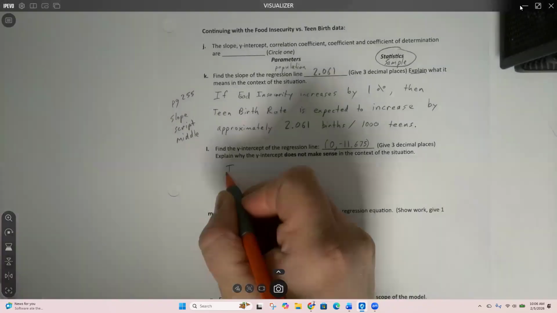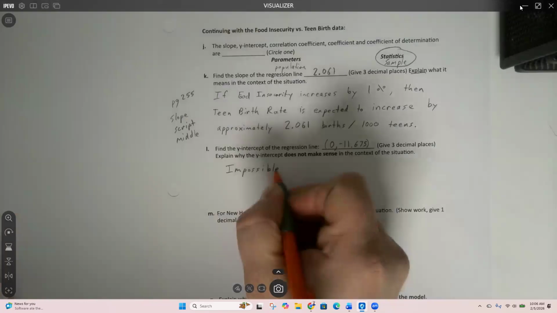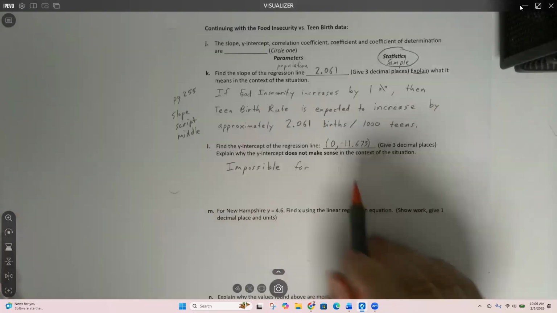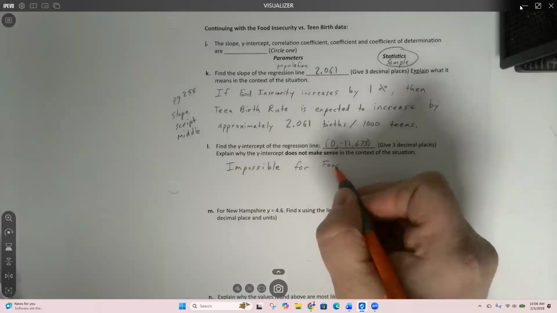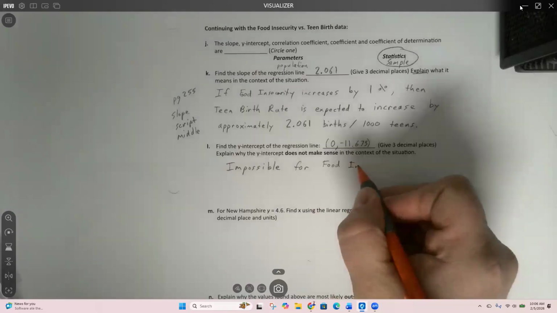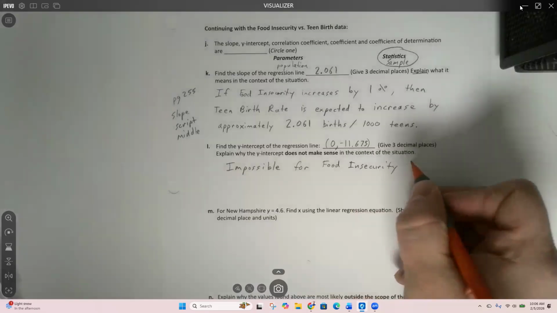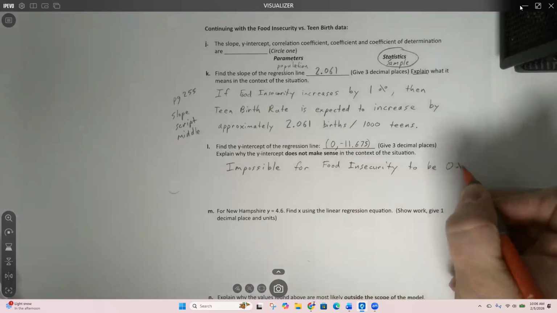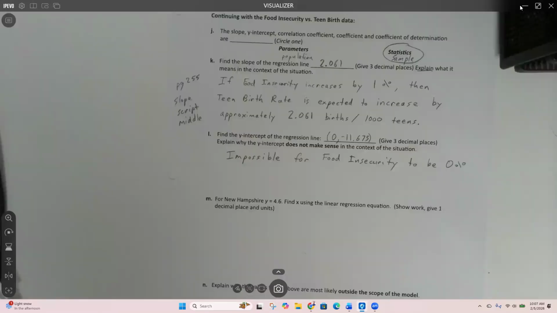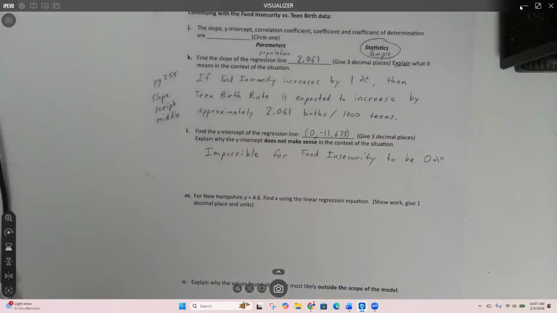We'll say impossible for x, which is food insecurity, to be 0%. It's impossible for the food insecurity of a state to be 0%.